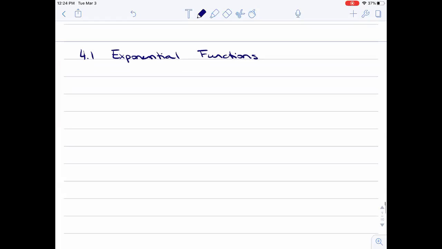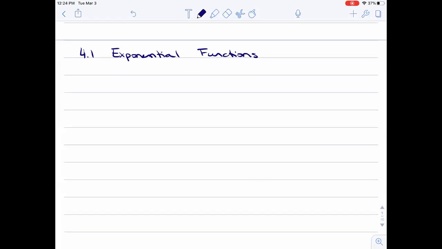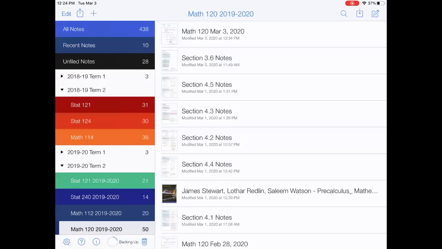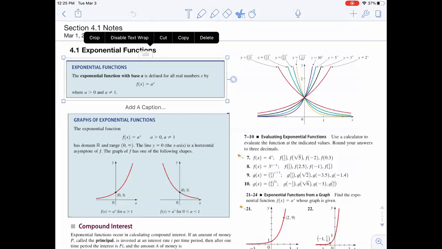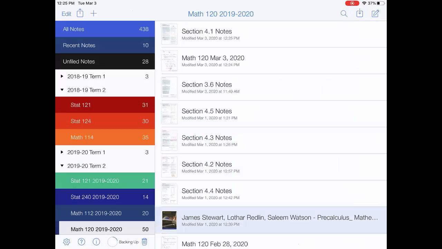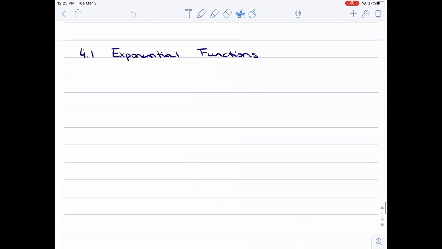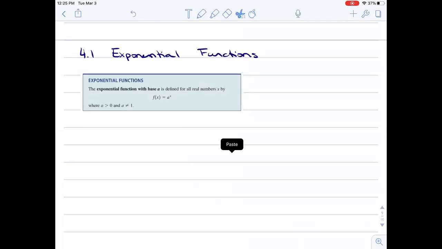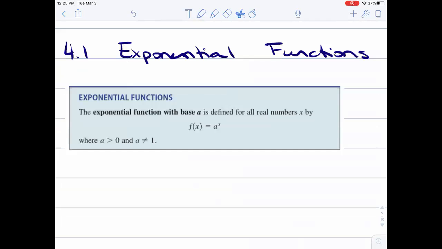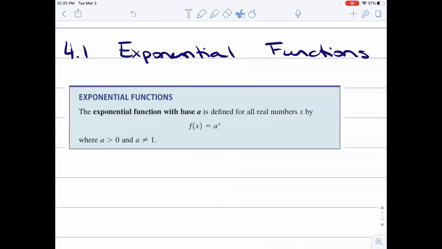So here we go. An exponential function is any function that has the form a to the power of x. So our x is in the exponent. And so we've got 4.1 notes. So we've got an exponential function with base a, right, is going to be a to the power of x.